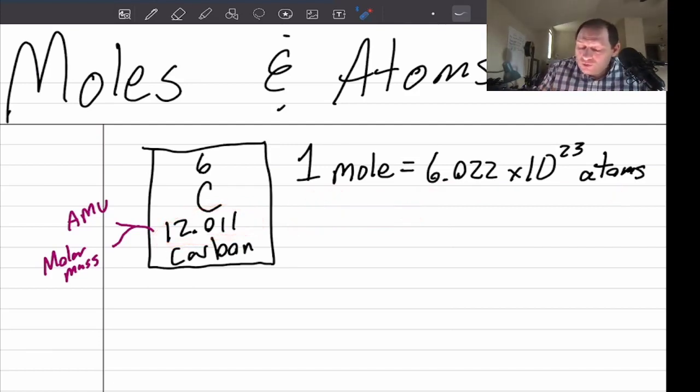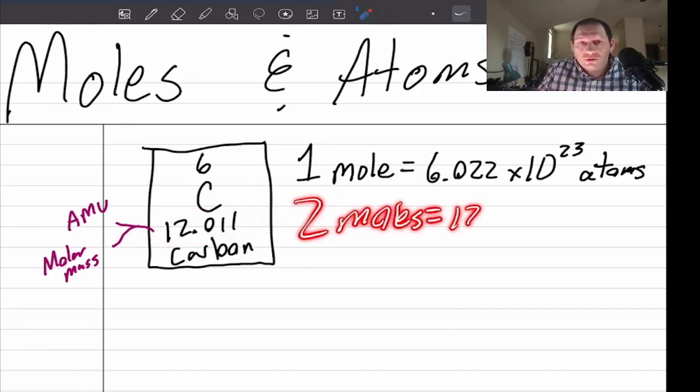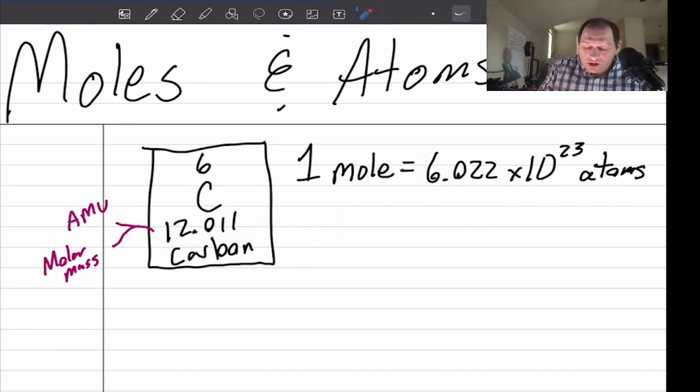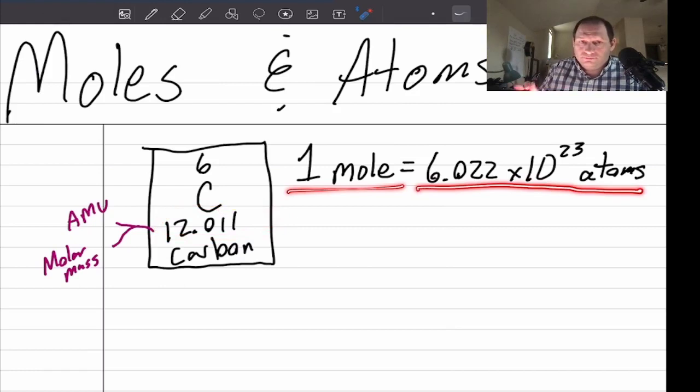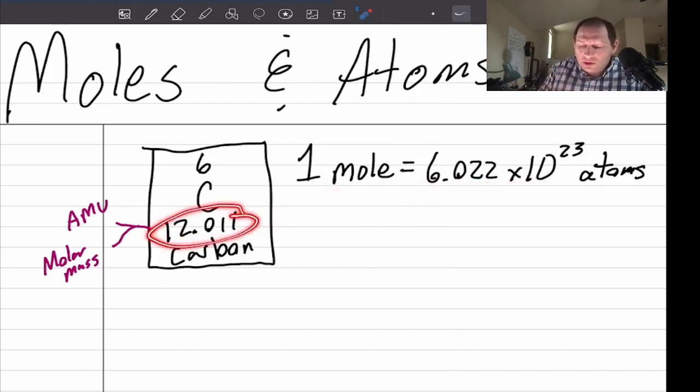If I had 2 moles, I have double that, and double this, which would be 24. If I have 24 grams of carbon, I have 2 moles.